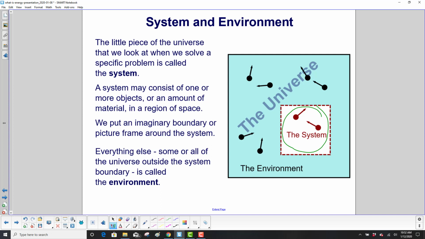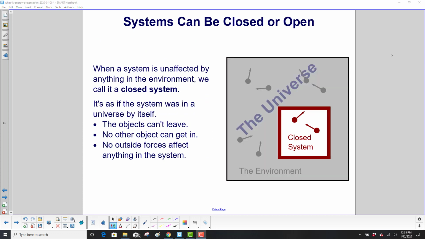Now, a system may consist of one or more objects or an amount of material in a certain region of space, and we put an imaginary boundary, that's what this dashed line is, or a picture frame around the system. Everything else, because we now have to name that part of the universe, is called the environment. That is everything outside the system boundary. A couple more definitions.